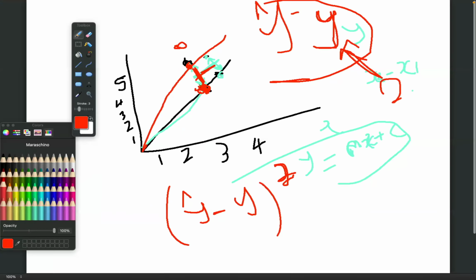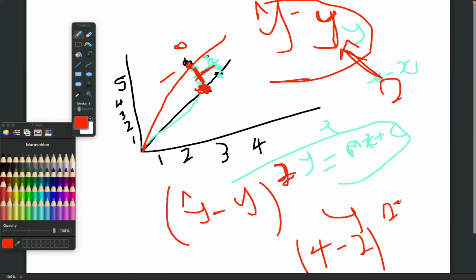We need to adjust until we get 2 spoons of sugar. And then what we got was, for example, 4. Our predicted value was 4. So I can say my predicted value is 4 minus 2, which equals 2.